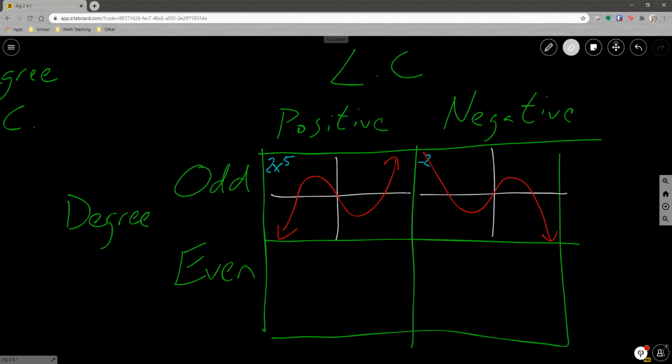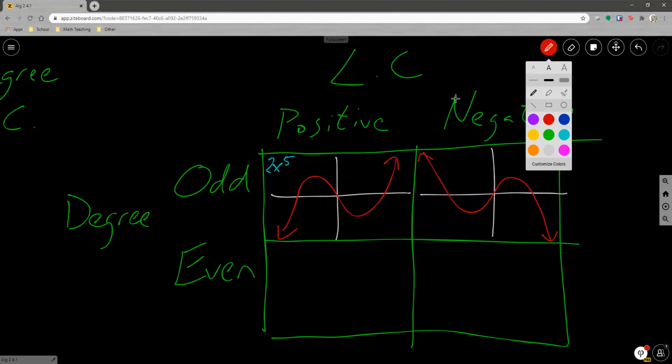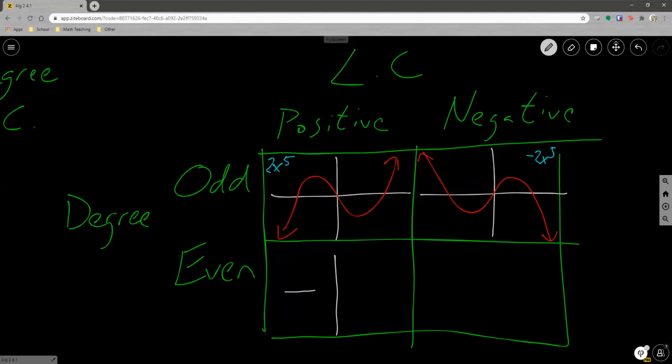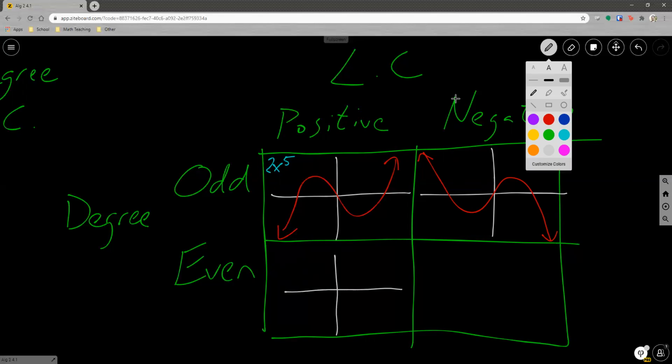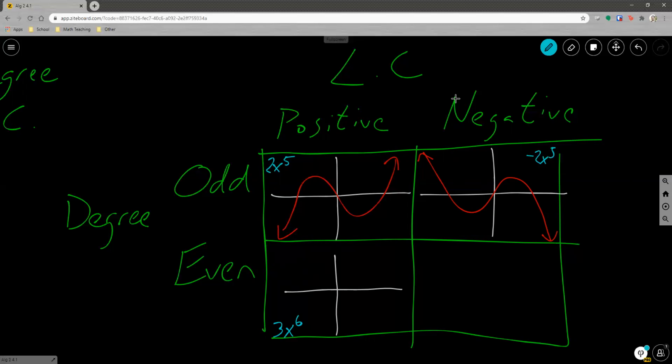I'm doing a bad job at positioning. Let me see if I can fix that. Next up, we have the even degree and positive coefficient. So for example, maybe I've got 3x to the 6th power.